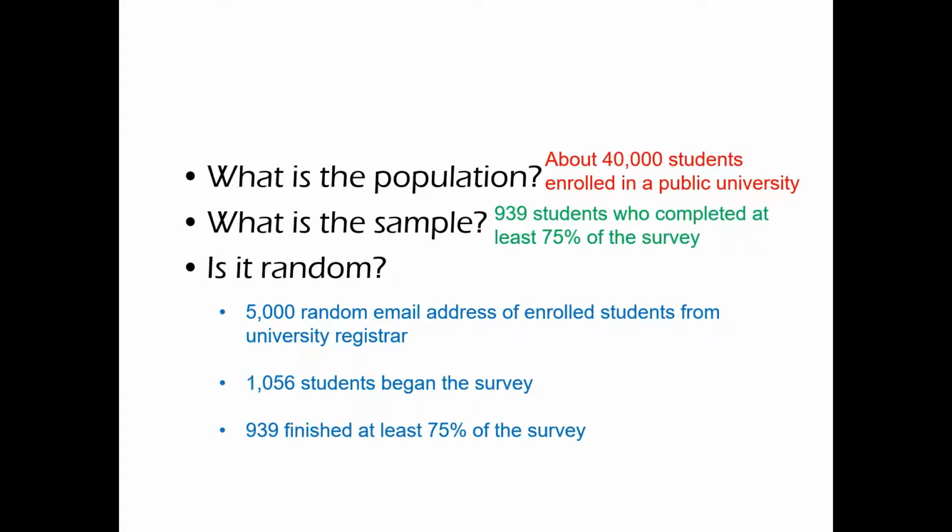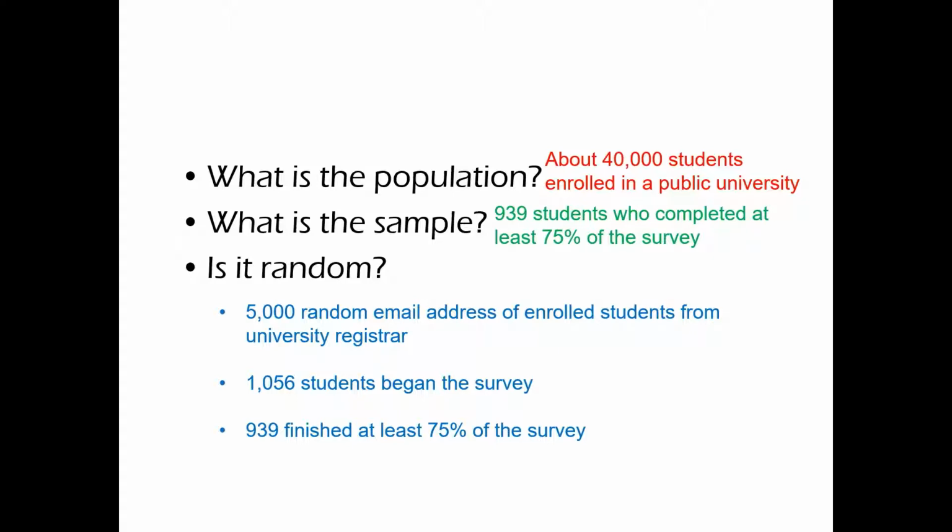Here, in this case, the population are the 40,000 students enrolled in the Midwestern Public University. The sample are the 939 students who completed at least 75% of the survey. How did they end up with these 900 students? First, they randomly selected 5,000 email addresses from all the enrolled students from the university registrar system and sent them the invite to participate in the survey.